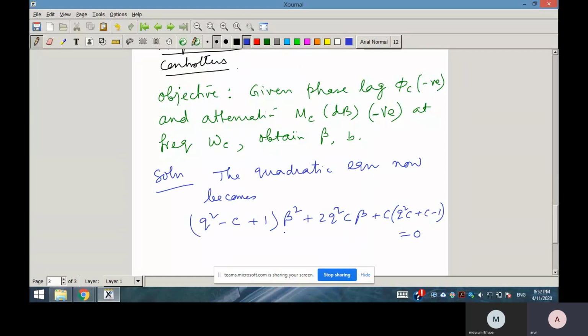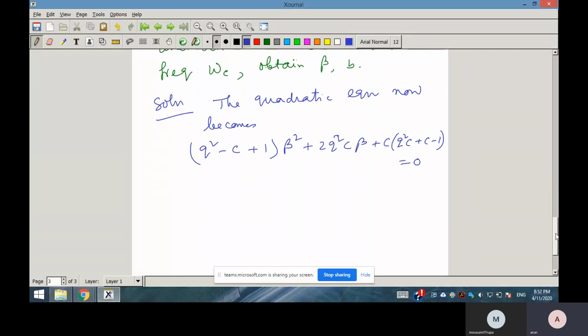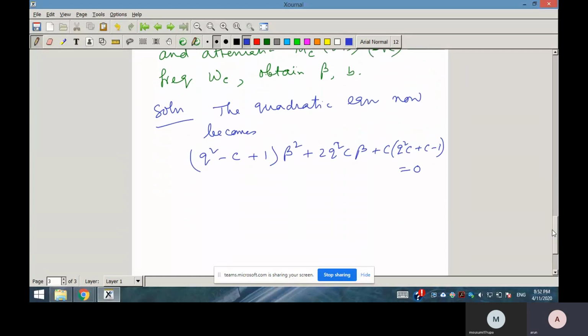So now, here also, we have to first guarantee what is the condition for beta positive, because beta is positive, but less than 1. So first we have to obtain a condition for the existence of a beta greater than 0.